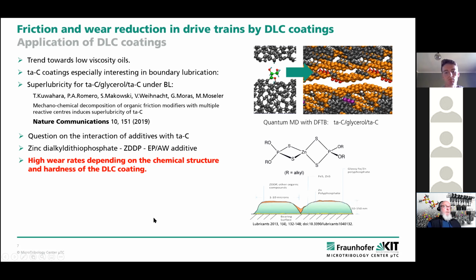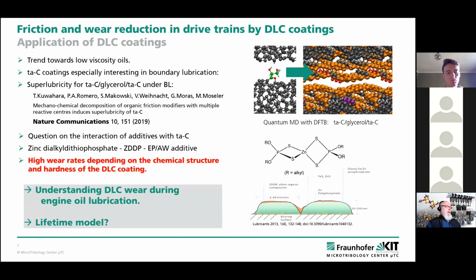The problem now with DLCs is that some DLCs have high wear rates when they are lubricated by ZDDP, and this of course causes trouble. So the first goal here was to understand the DLC wear during engine oil lubrication. And this is the main part of the talk. And then I want to discuss the implication for lifetime modeling based on what we have found for this DLC wear.